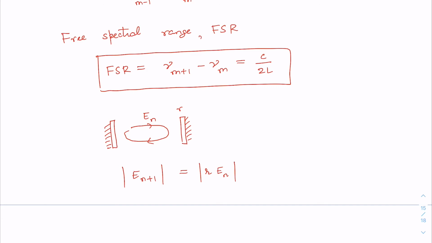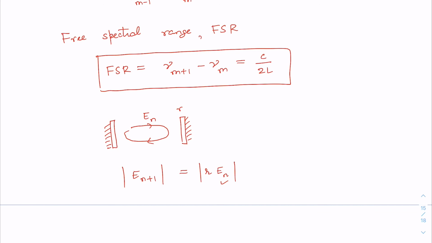Okay, now here En is basically the electric field amplitude of the plane wave on the nth round trip through the cavity, as I said, and the loss due to R could be some transmission of the mirrors, or losses around the edges of the finite size of the mirror, scattering from, suppose, some gas inside the cavity or objects inside the cavity, and so on.